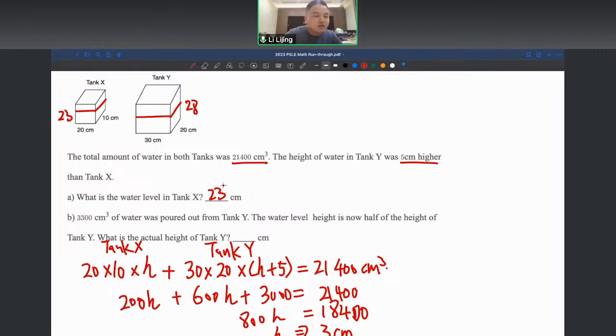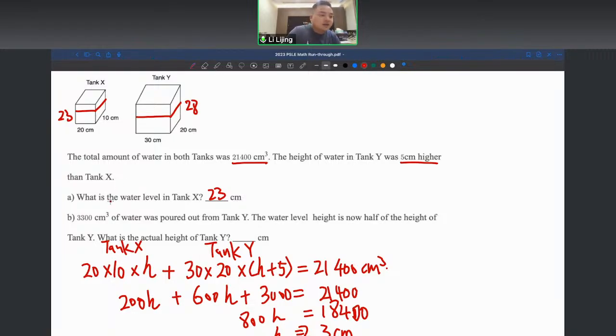How many of you got part A correct? For this part A, you can do guess and check. Since you know that Y is 5 cm taller, you can plug in a random value and check. Eventually you will get 21,400. If you don't know about this method, you can always use guess and check.